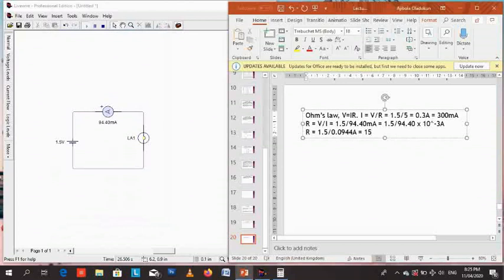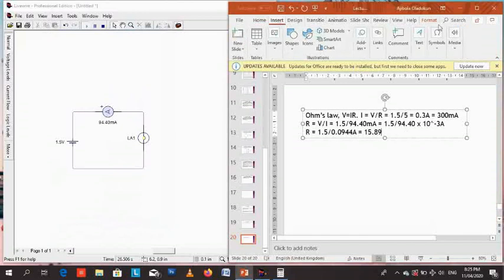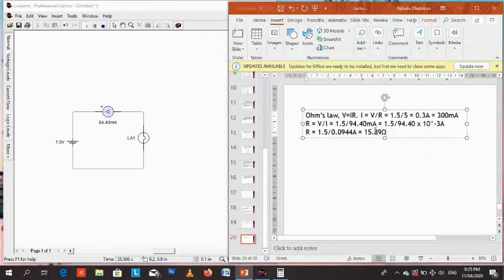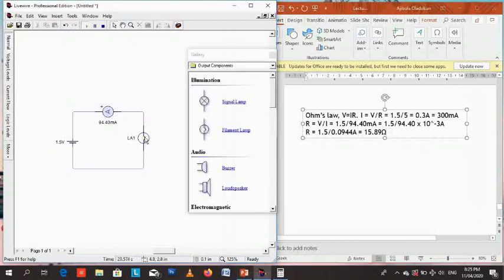So that is the internal resistance of this filament bulb. The internal resistance that LiveWire is not allowing us to see or change is about 15.89 ohms. So let's insert the symbol for ohms, the Greek capital letter omega. That's ohms. So the filament lamp is actually a 15.89 ohm load.